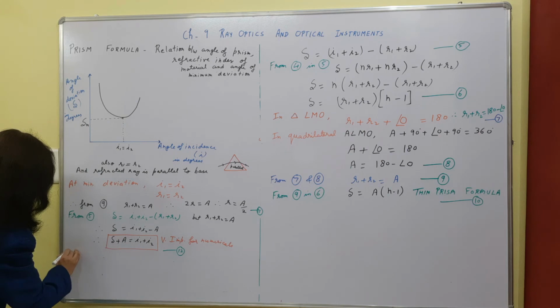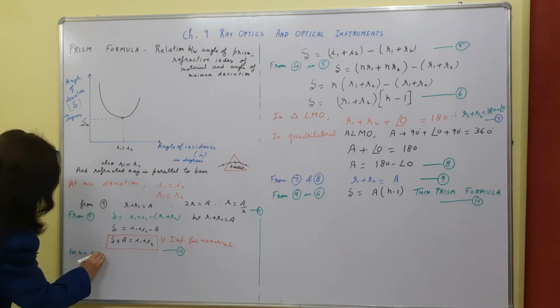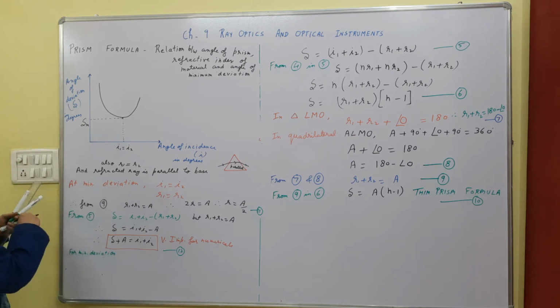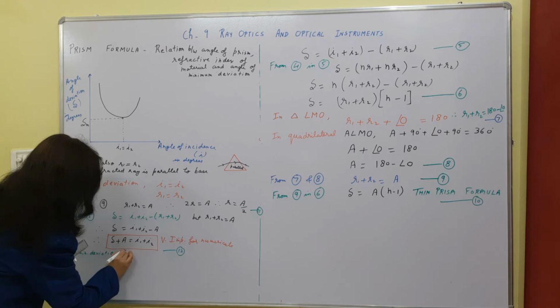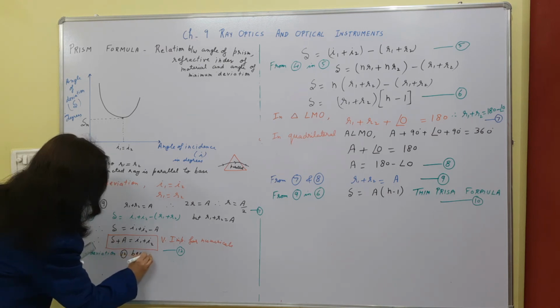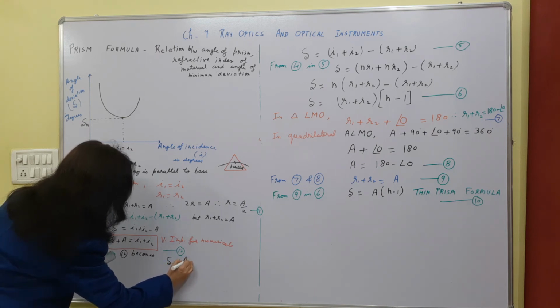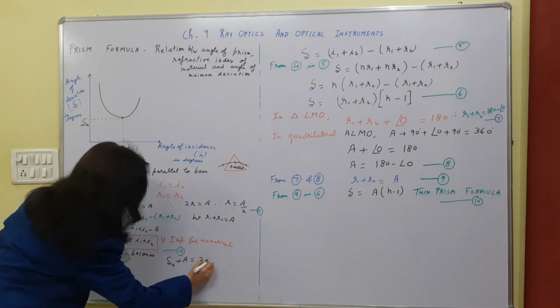So from 12, for minimum deviation, 12 becomes delta m plus A is equal to 2I.